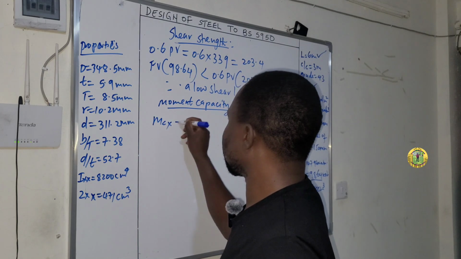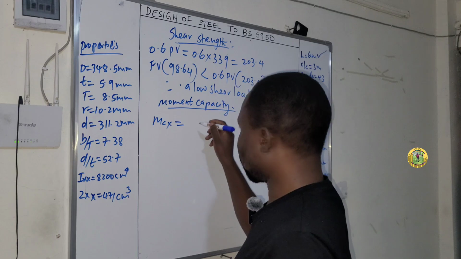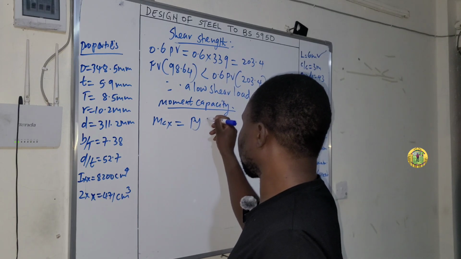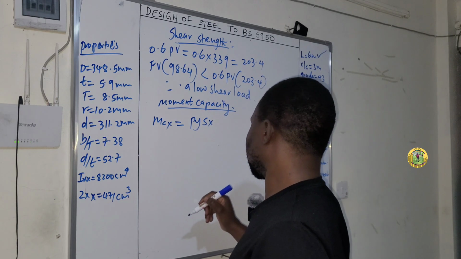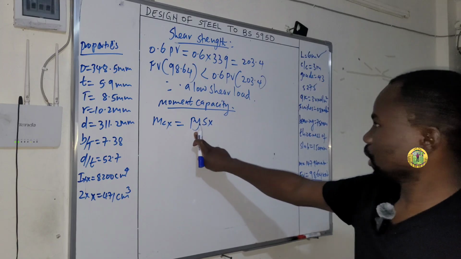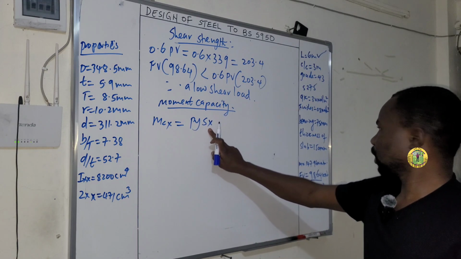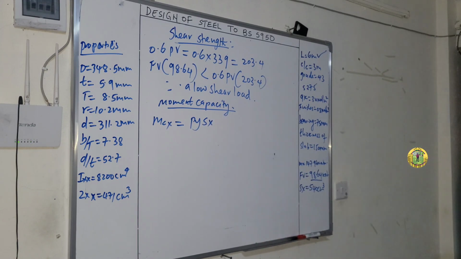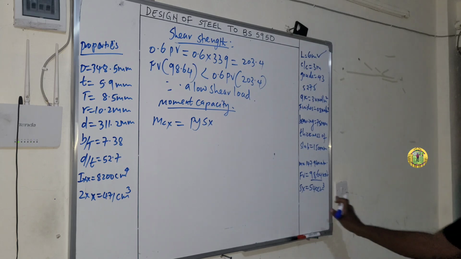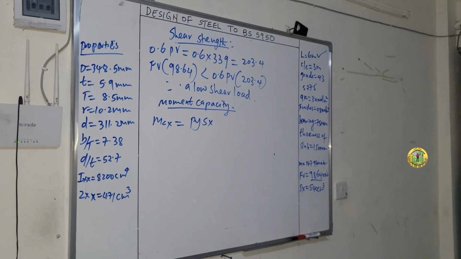Moment capacity is given by Py times S, whereby Py is the strength of the steel, which is 275, and S is the plastic modulus from the table, which is 540.